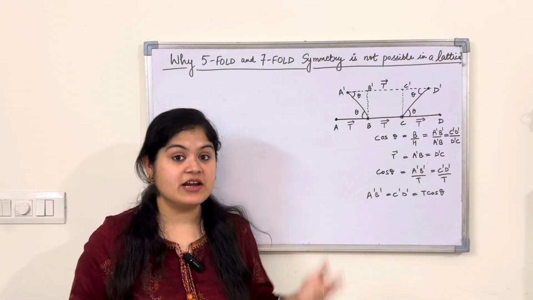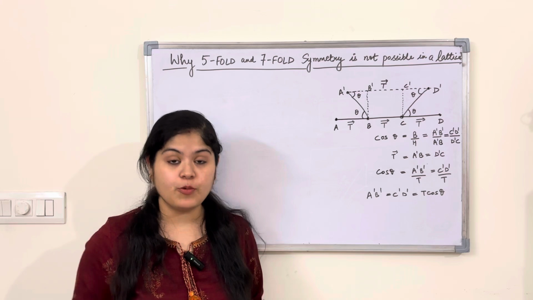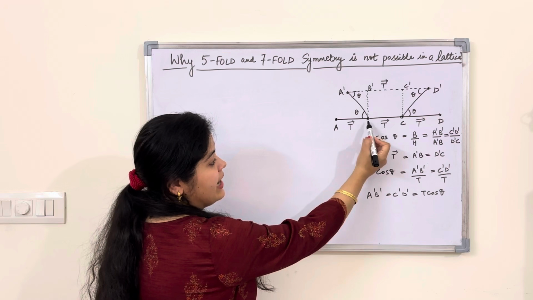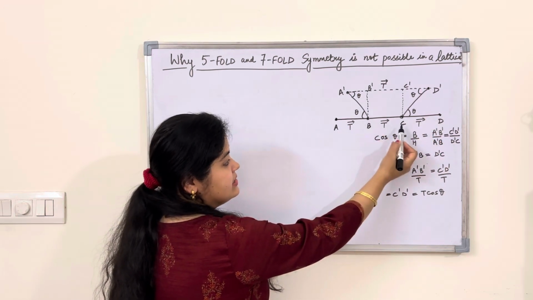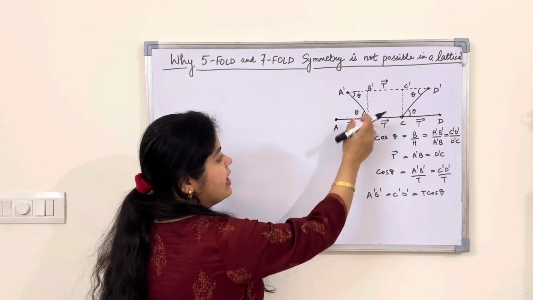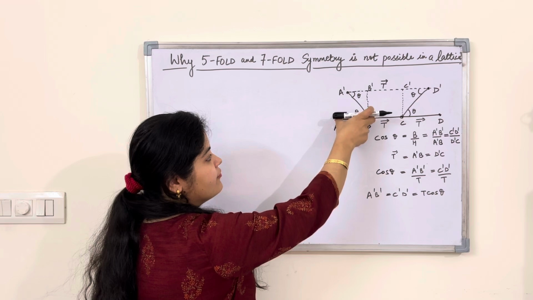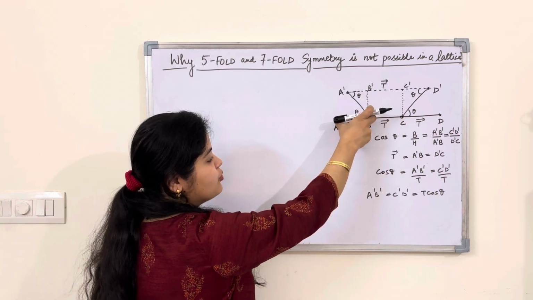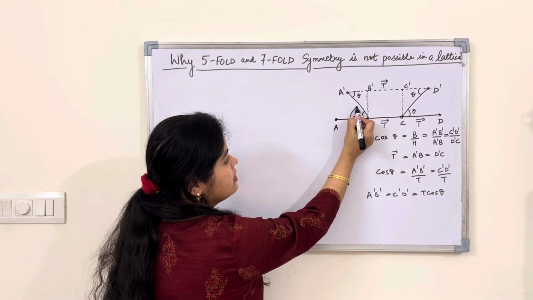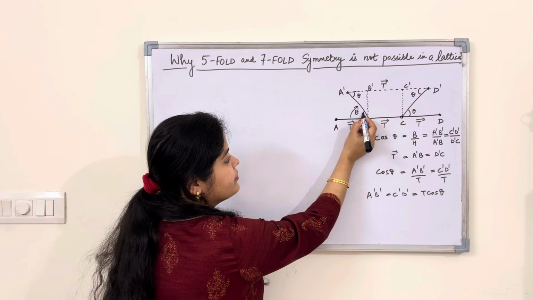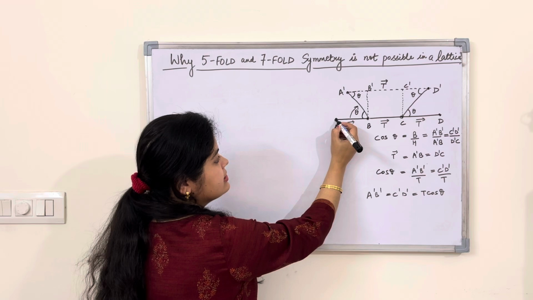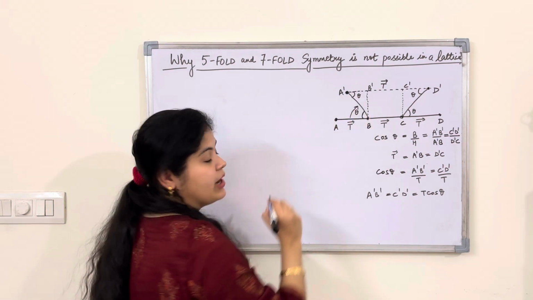So now, to understand why 5-fold and 7-fold symmetry is not possible in a lattice, let us take this system. Here I have 4 lattice points at A, B, C and D. So I apply a rotational operation at this lattice point A and rotate it with an angle theta, and this point now comes at A prime.